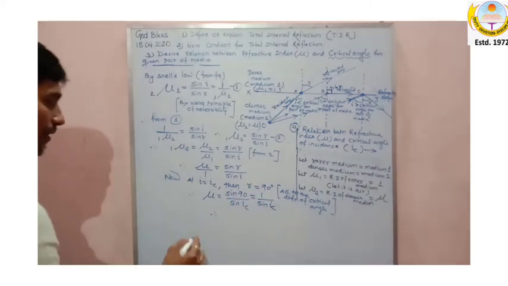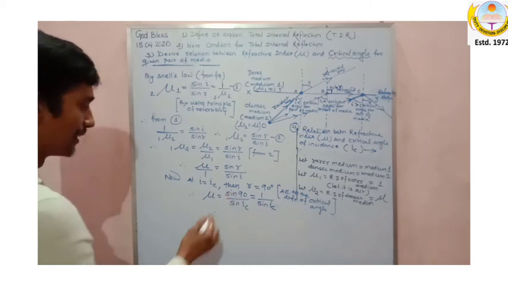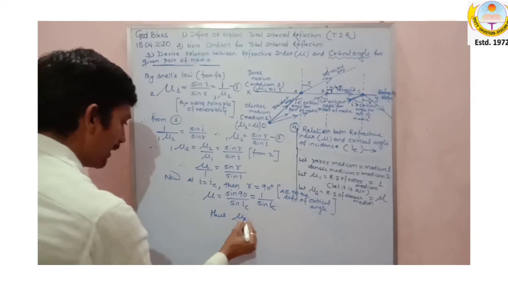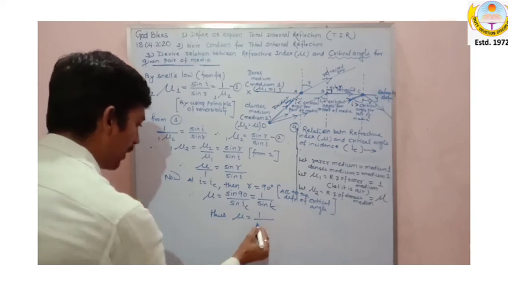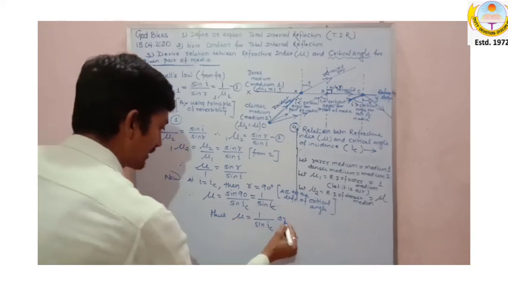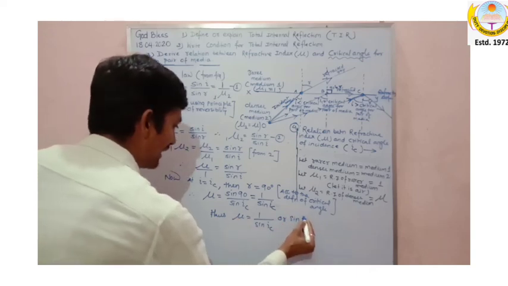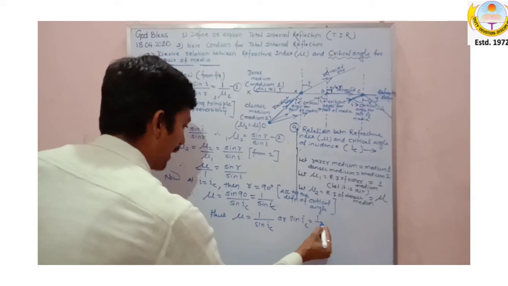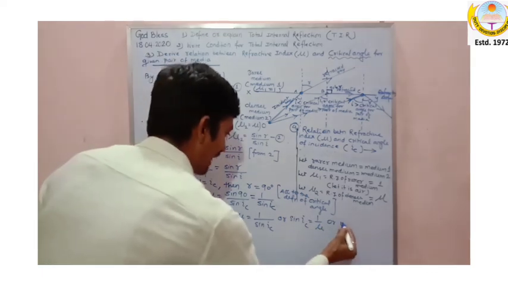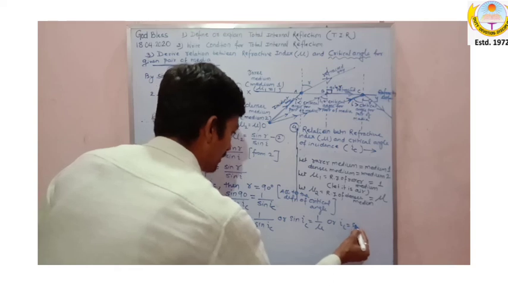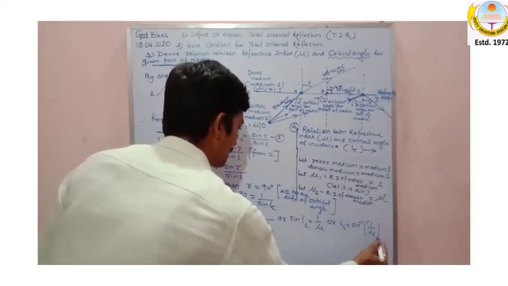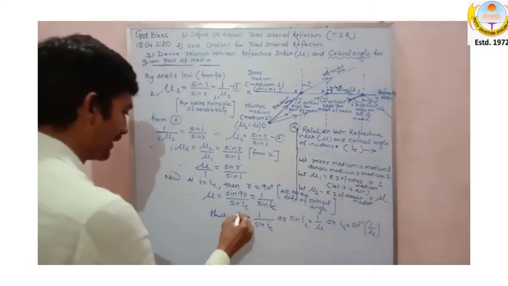Therefore, I got the value, my dear, that mu is equal to 1 upon sine IC, or you can say sine IC is equal to 1 upon mu, or you can say IC is equal to sine inverse 1 by mu. This is the formula, my dear.